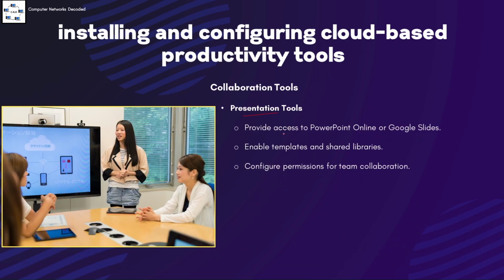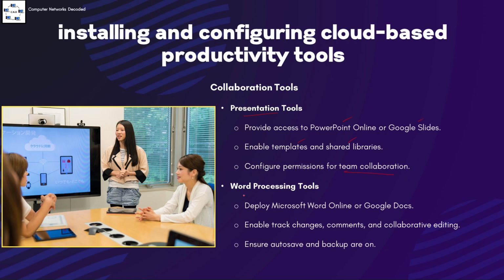Presentation tools: provide access to PowerPoint Online or Google Slides, enable templates and shared libraries, and configure permissions for team collaboration. Word processing tools: deploy Microsoft Word Online or Google Docs, enable track changes, comments, and collaborative editing, and ensure autosave and backups are turned on.